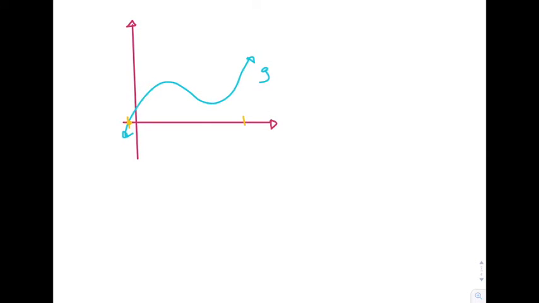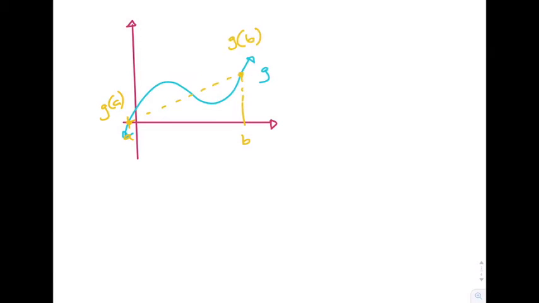So this point here, that would be g of b, and this point down here, we'll call that x value a. This is going to be g of a. So we're trying to find the slope of that line connecting these 2 points.